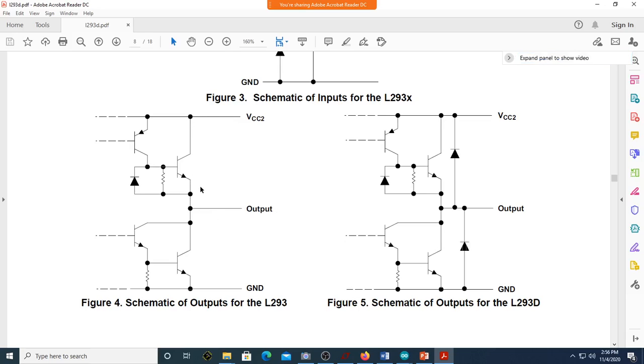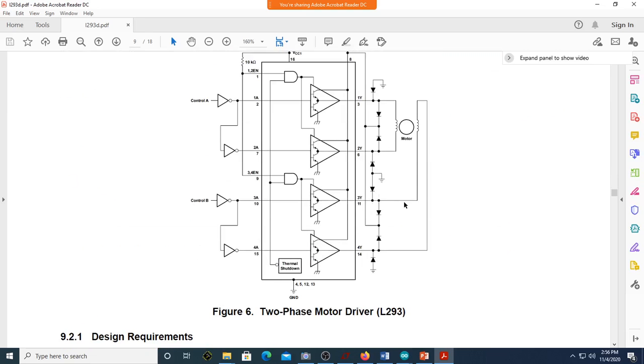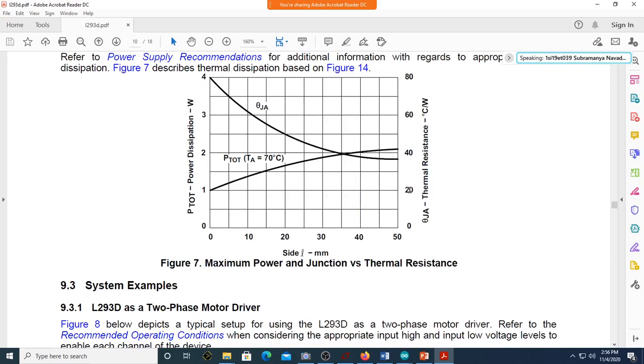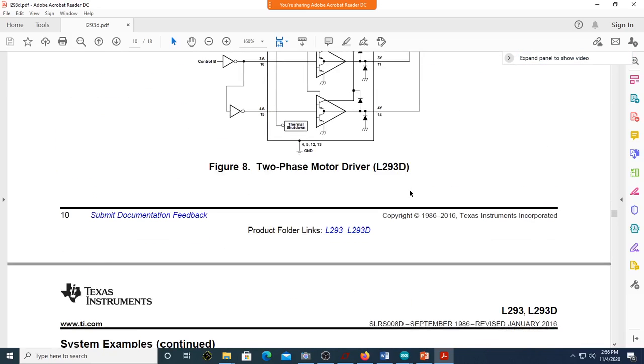It is now sourcing. In syncing, you can see it takes the output current and then goes to the ground through this. So this is going to sync as well as source. That way we are able to source as well as sync the current.